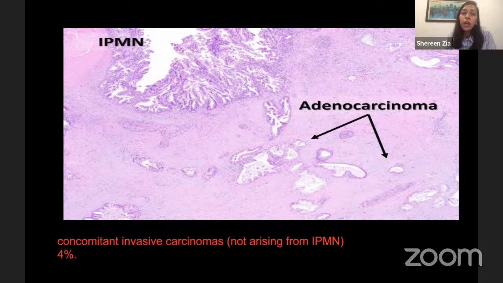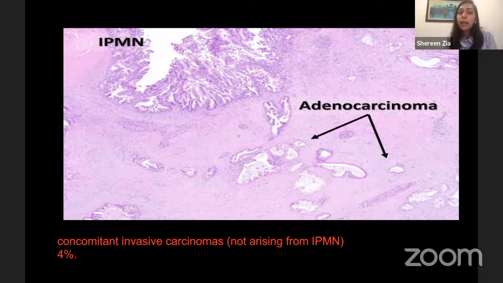And to call it colloid carcinoma, you have to see about 80% of mucin in the background with neoplastic epithelium, and they have a relatively better prognosis as compared to the ductal tubular adenocarcinoma, given that the patient does not show lymphovascular invasion or perineural invasion, and the lymph nodes are also negative. Another thing to note is that there can be concomitant invasive cancer associated with IPMN.